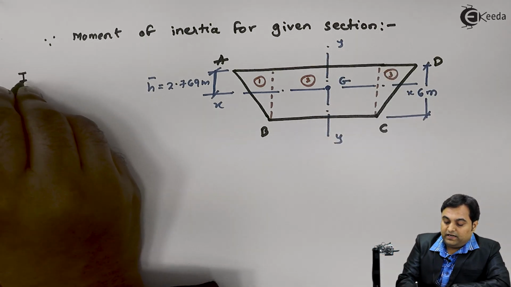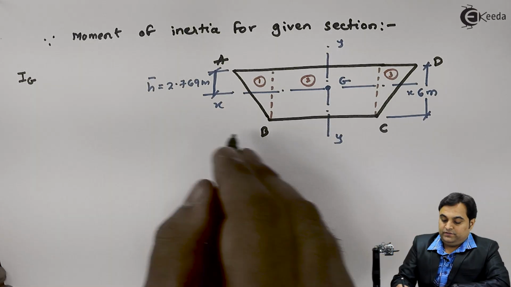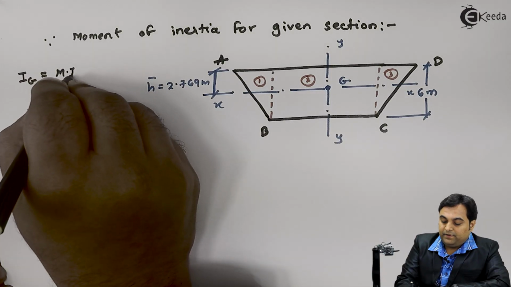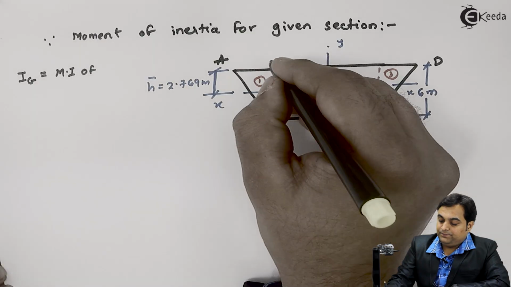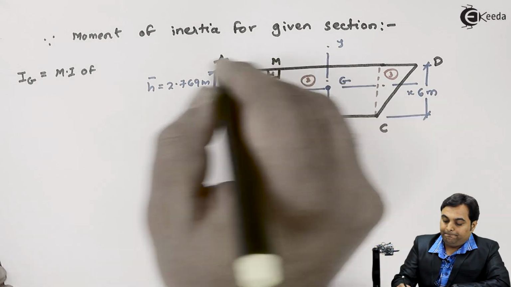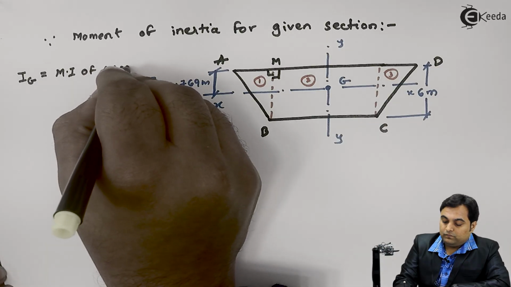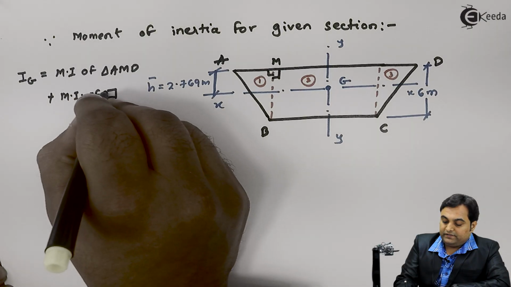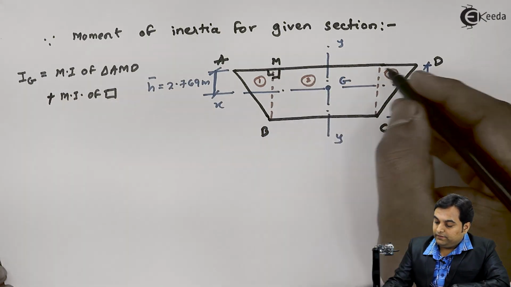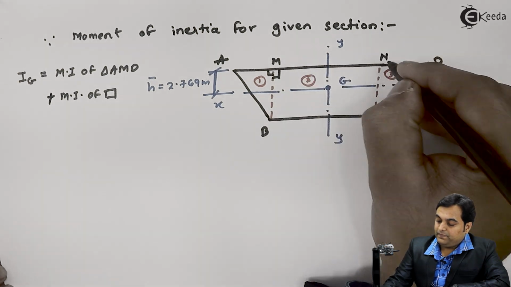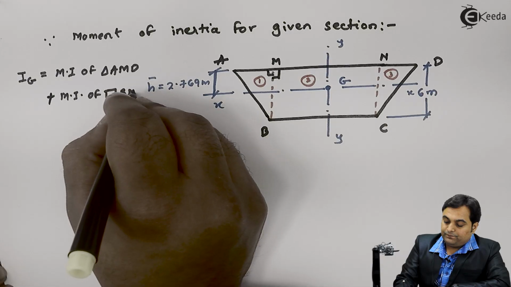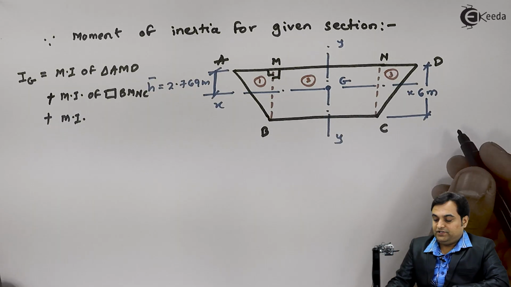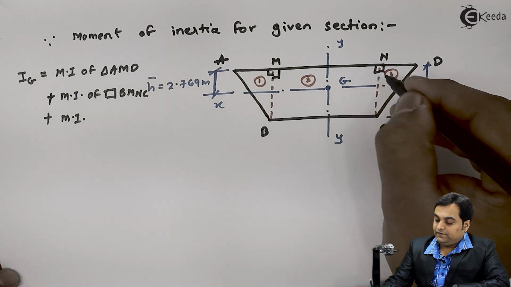Ig is equal to the moment of inertia MI of triangle AMD plus MI of rectangle BMNC, next plus MI, that is the moment of inertia for this triangle, CND.